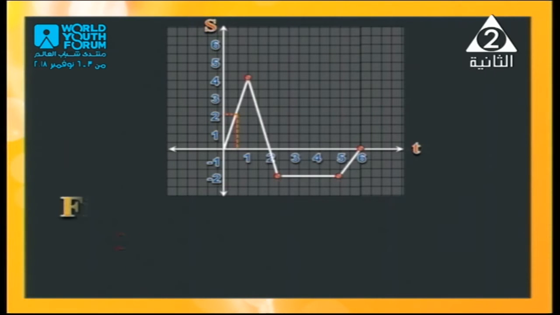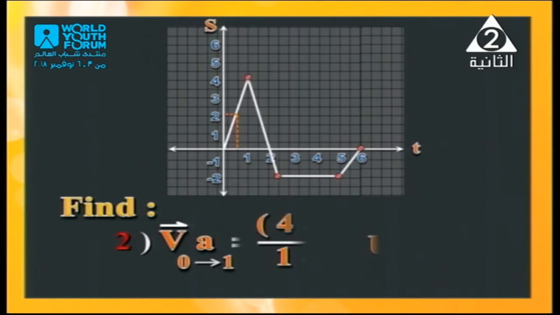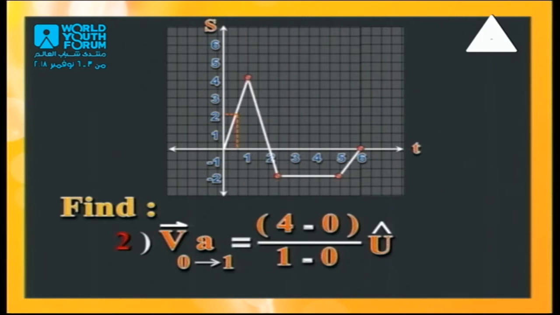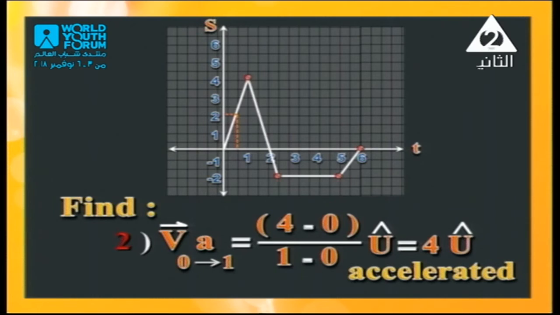Find number 2, VA from 0 to 1. We find when t equals 0 and when t equals 1. By substitution, (4 minus 0) over (1 minus 0), the answer is 4 over 1 equals 4 unit vector. Therefore, VA is accelerated. Why?